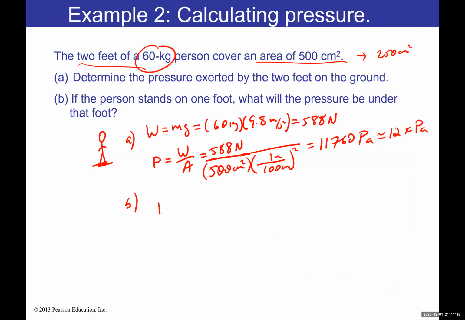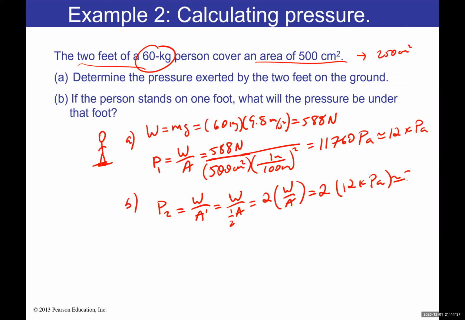So the pressure is equal to weight over area, but this is the new area prime, half of the previous area, which means 2 times weight over area. That means 2 times 12 kilopascals, so roughly 24 kilopascals. And that will be the answer for part B, because now you have the same force acting on only half this area, so the pressure is actually doubled.